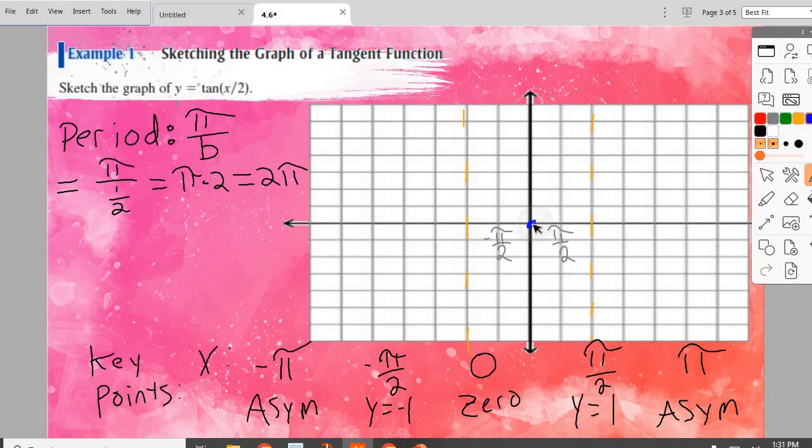I'm at 0, we're at negative 1, and 1. And I would have 1 full graph. What questions do we have there?